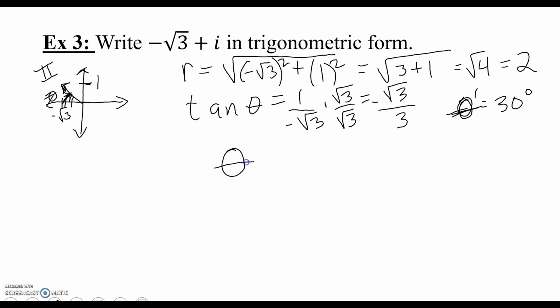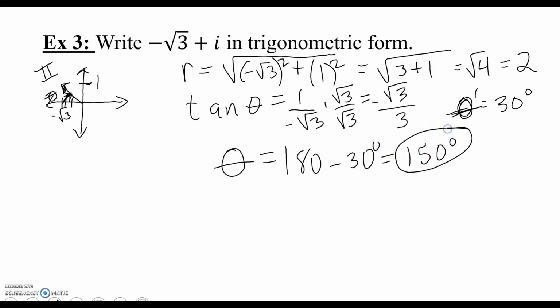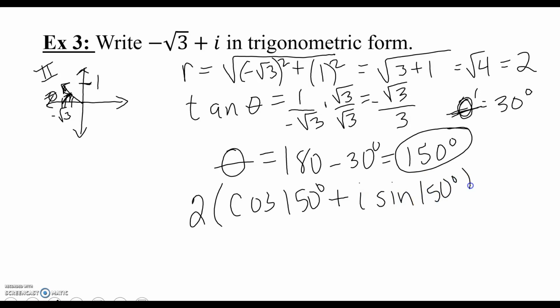Since it's in the second quadrant, we would do 180 minus 30, which gives us 150 degrees. So our angle theta would be 150 degrees. And so now we can write this in trigonometric form. It would be 2 times the cosine of 150 degrees plus i times the sine of 150 degrees.